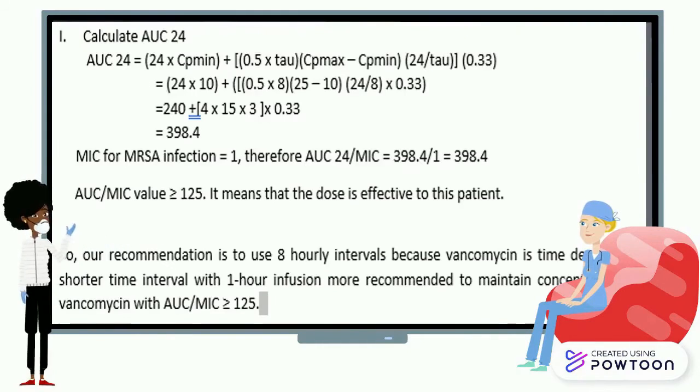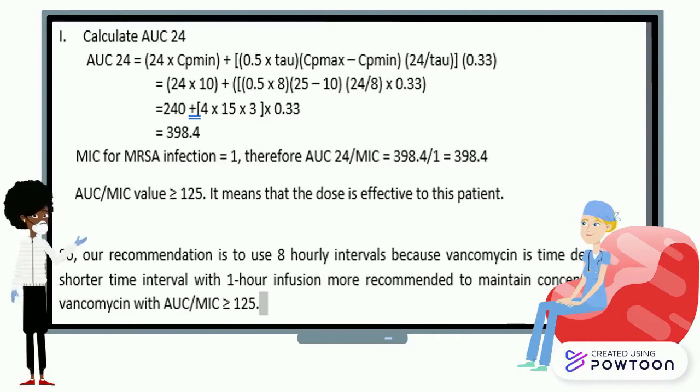Next is calculating the AUC24. AUC24 is the area under the plasma concentration time curve over the last 24 hours dosing intervals. The value that we have calculated is 398.4. The MIC for MRSA infection is 1.